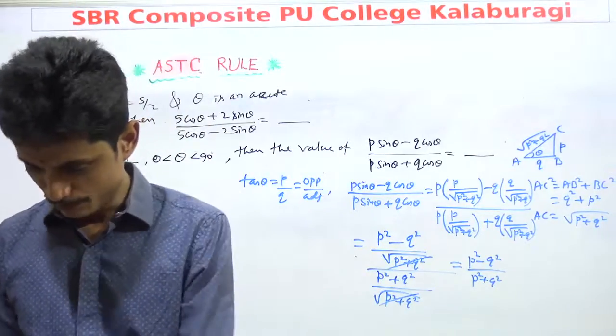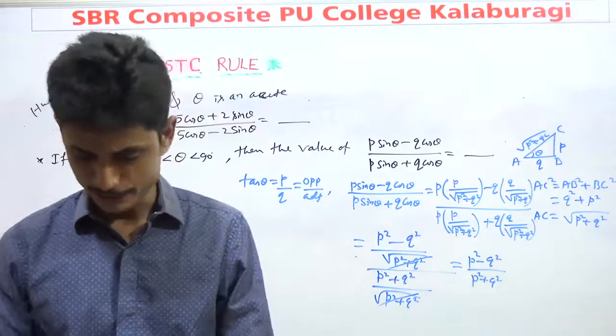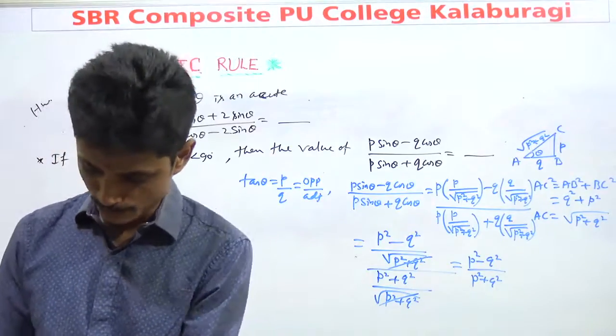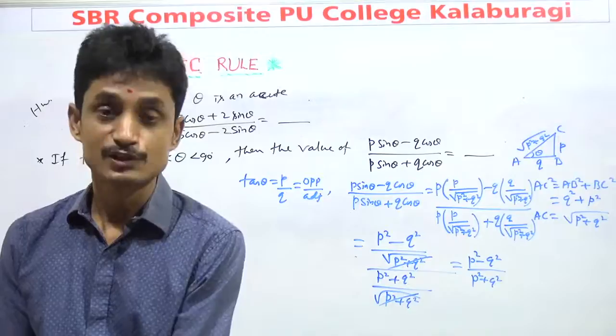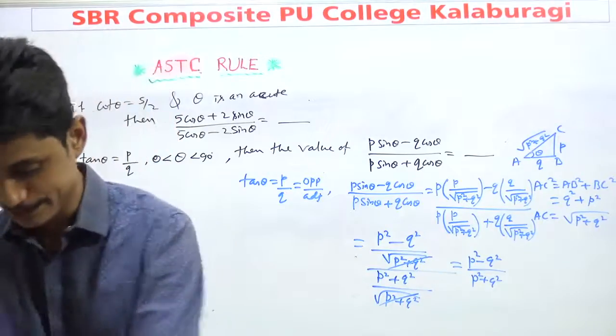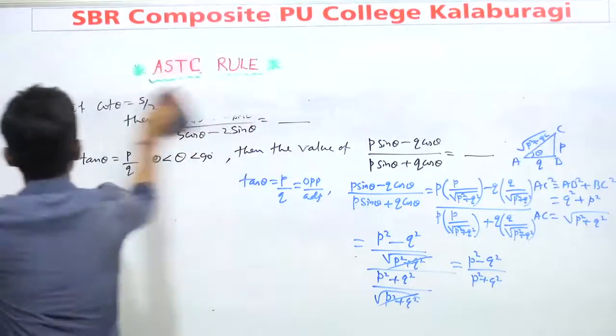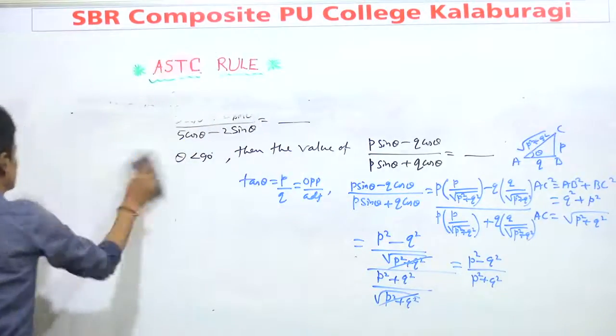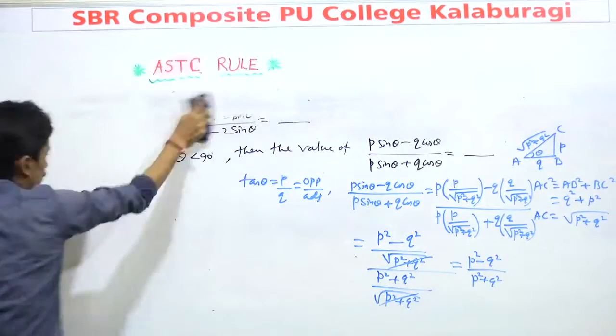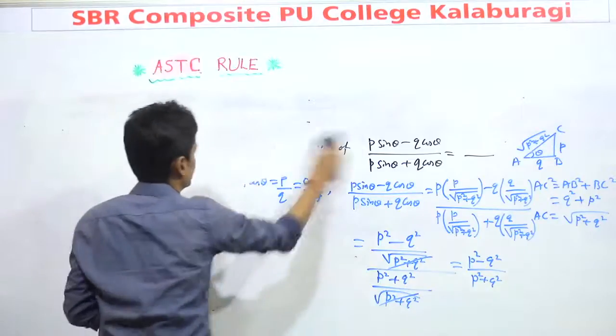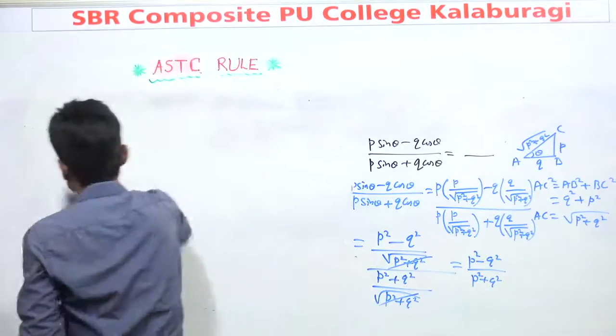So many examples we have done regarding that, and 2-3 problems I will take related to reciprocal relations. After that I will stop my class. These are the kinds of problems related to the ASTZ rule.